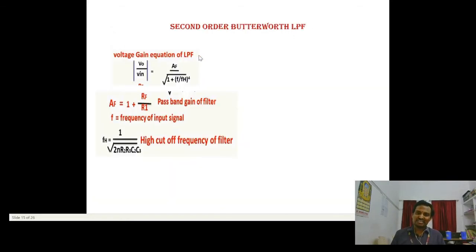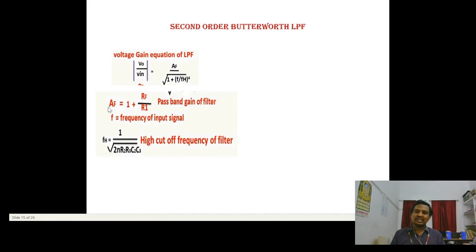The voltage gain equation of the low pass filter is written as V0 divided by Vin equal to AF divided by square root of 1 plus F by FH whole power 4. In case of the first order filter, we have seen that the value is 1 plus F by Fh whole square, but here it will be square root of 1 plus F by Fh whole power 4.